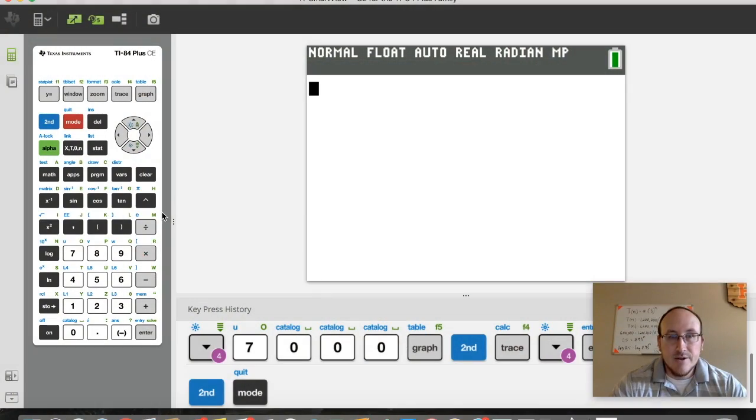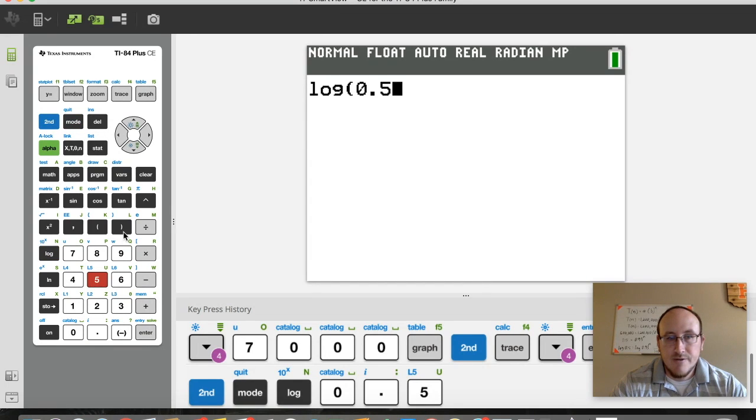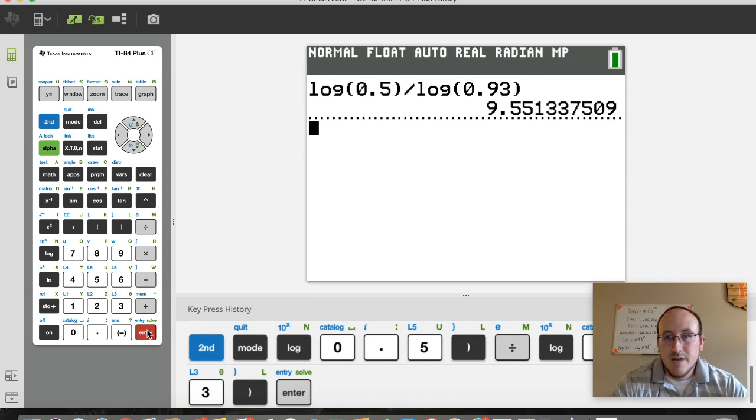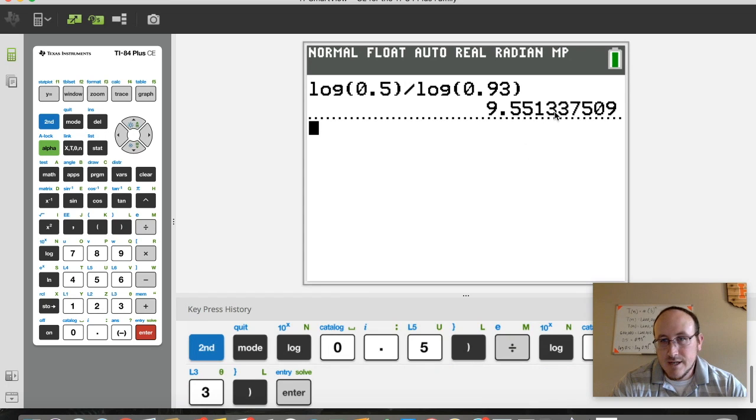Going to my calculator to compute log of 0.5 divided by log of 0.93, that is equal to 9.5513. So rounded to 2 decimal places, the nearest hundredth, that'd be 9.55 years.